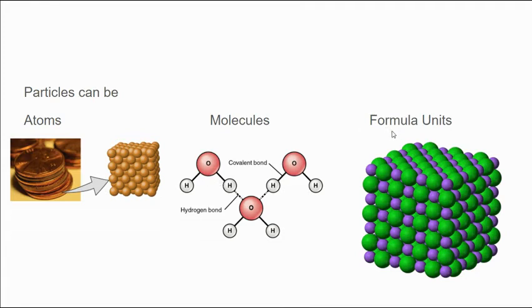Formula units are what we use to represent or count particles of ionic compounds. With sodium chloride, let's imagine I have a sodium ion and a chloride ion in the crystal lattice. The formula NaCl means for every 1 sodium, I have 1 chloride. I'm not going to call it a molecule because it's not covalently bonded.